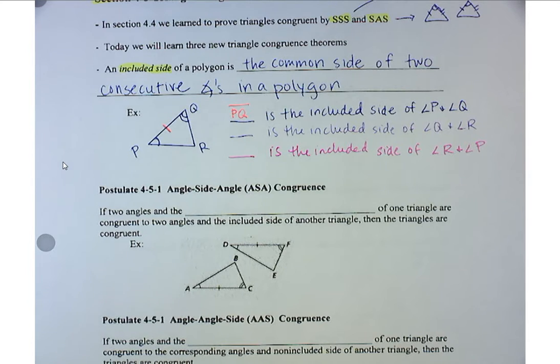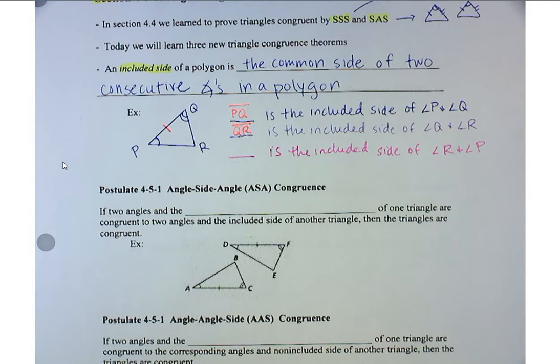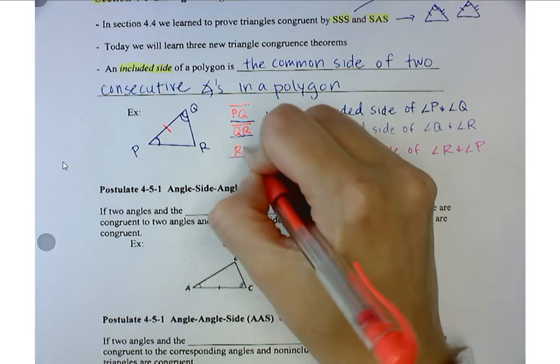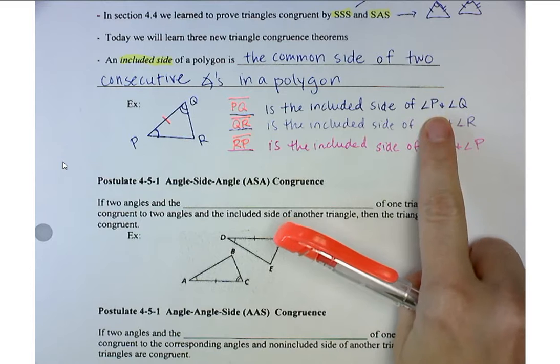Yeah, segment QR. Yep, good. And then Nia, what's the included side of RP? Segment RP. Now you probably see your pattern, right? Yeah, what is it, Nia?